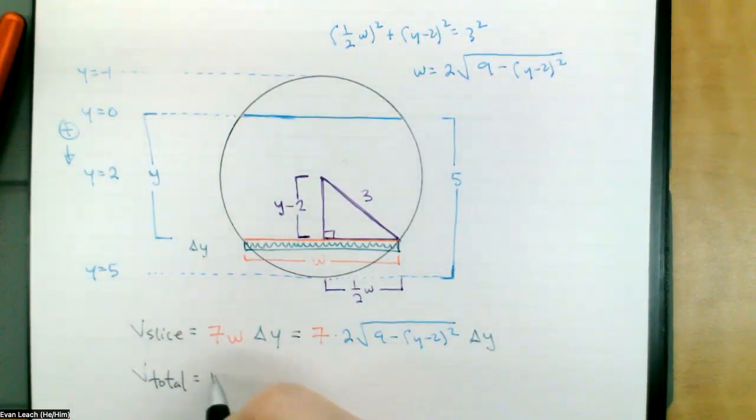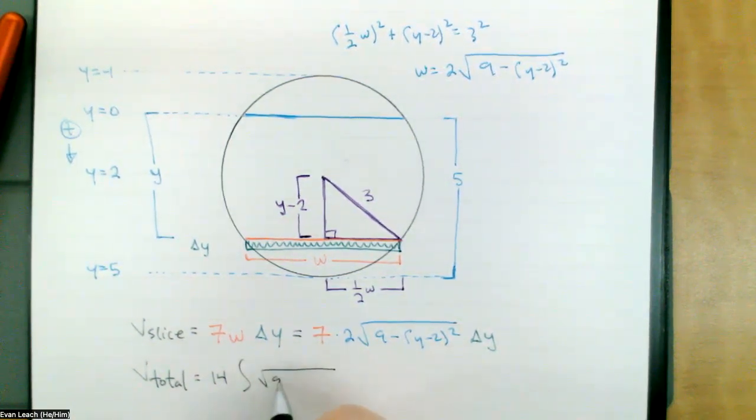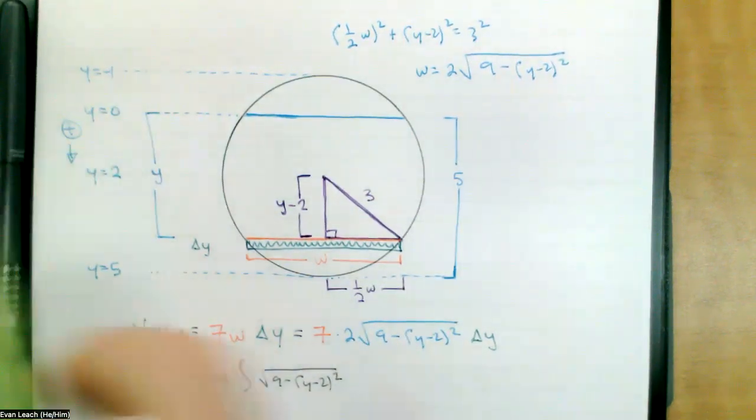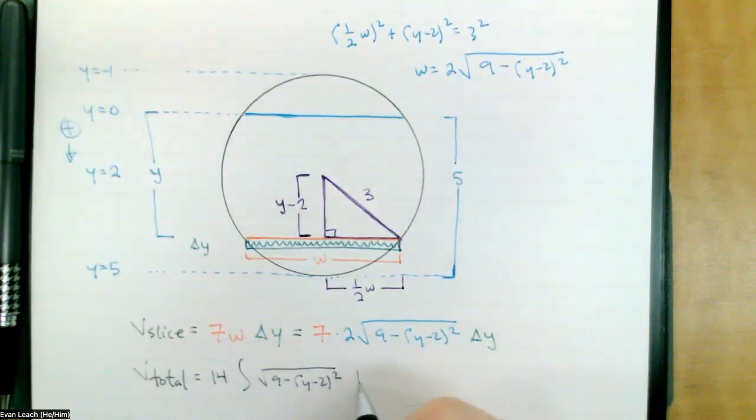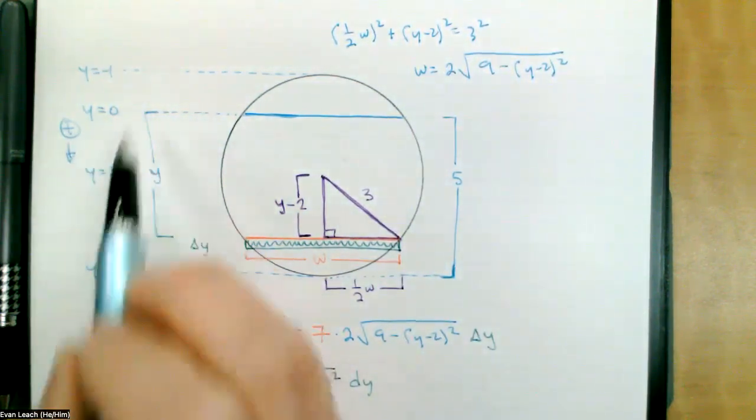I'm going to pull the 14 out. We'll integrate the square root of 9 minus y minus 2 squared. My discrete delta y becomes my continuous dy. But in this case, we're integrating not from -2 to 3. The 5 feet of depth we're integrating is from 0 to 5.